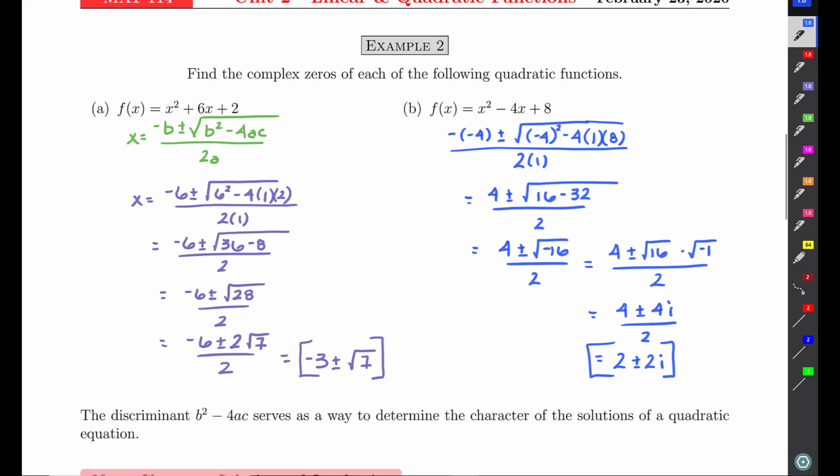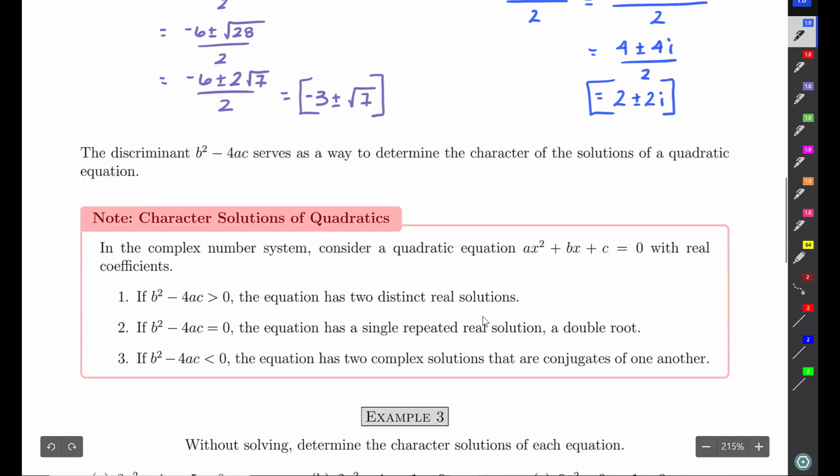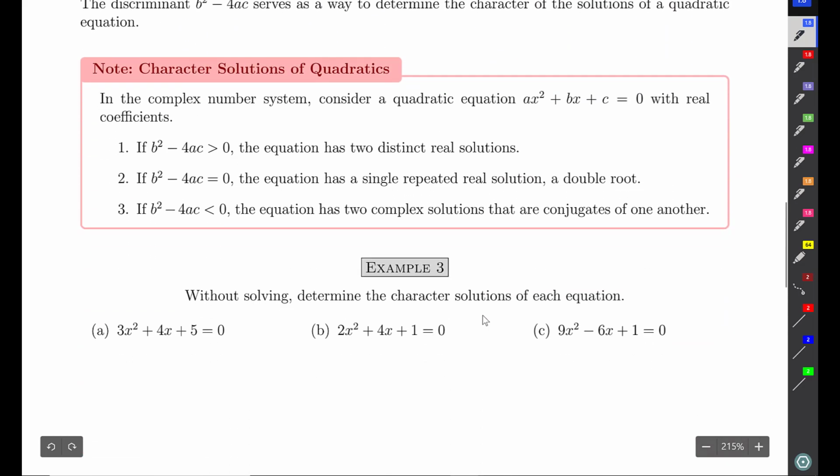So that means this graph lies entirely above the x-axis, because the quadratic term is positive. So it never crosses the x-axis, so we would have these two complex zeros. The discriminant of any quadratic tells you about the character of the solutions, and we've talked about this in previous notes as well.